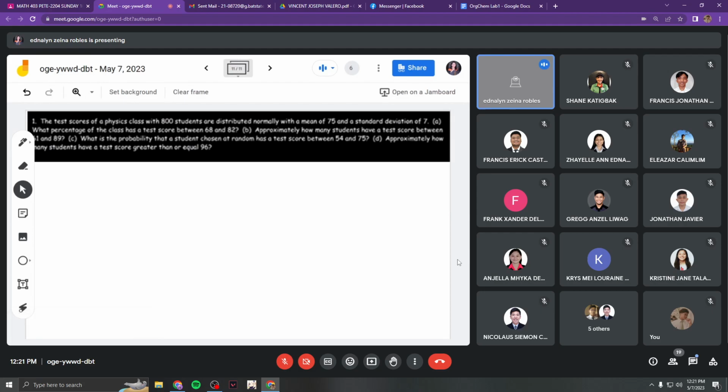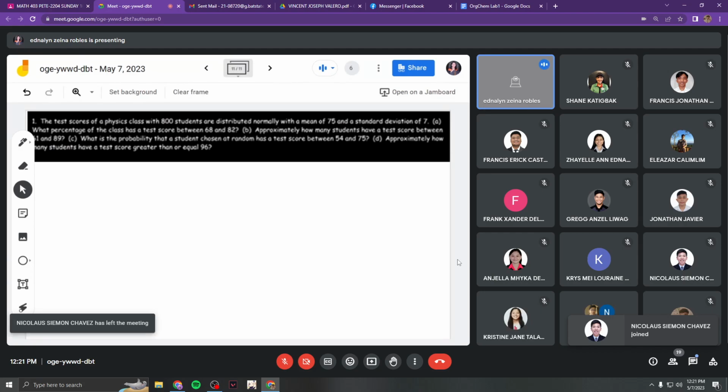And approximately how many students have a test score between 61 and 89? And what is the probability that a student chosen at random has a test score between 54 and 75? And approximately how many students have a test score greater than or equal to 6?